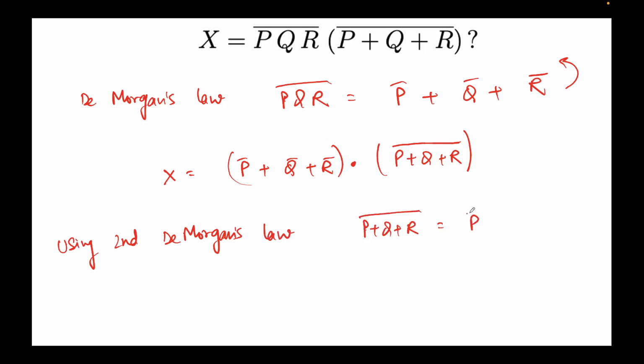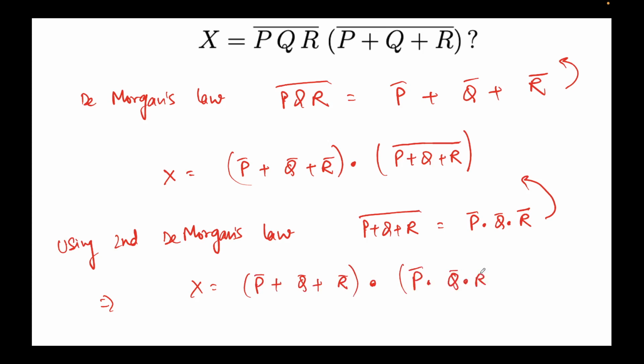I can write it as P bar times Q bar times R bar, right? I can reduce it to this form. Okay, so let's put this back in here. So now x will turn out to be (P bar plus Q bar plus R bar) times P bar times Q bar times R bar.